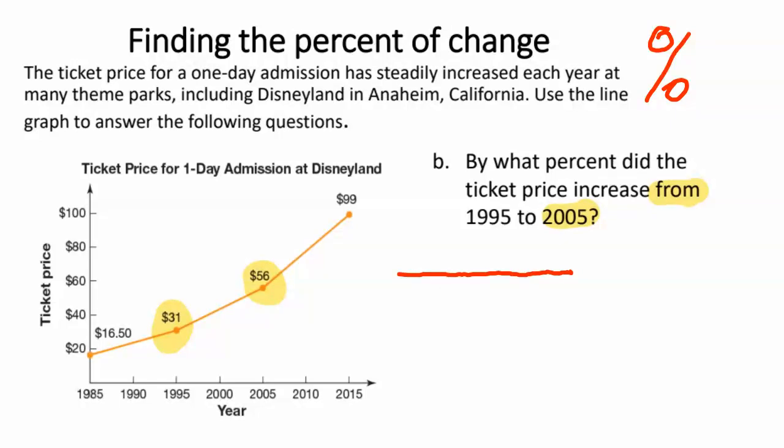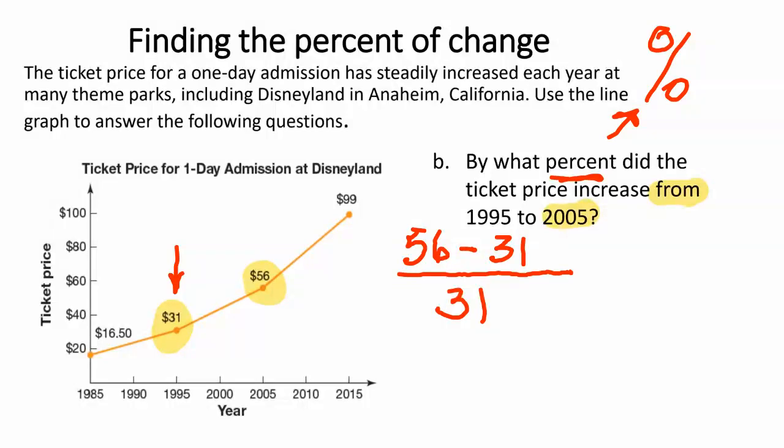And remember, I want to find a percent, which means this is 56 minus 31. But remember, what came first in time was 31. So therefore, this is 25. I subtract over 31, and I'm dividing by 31.